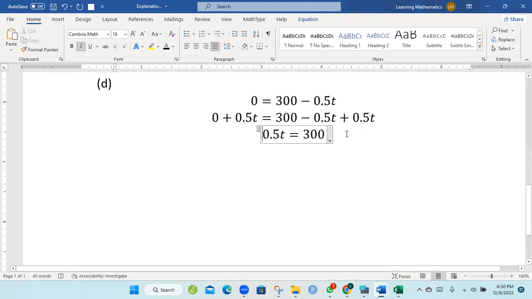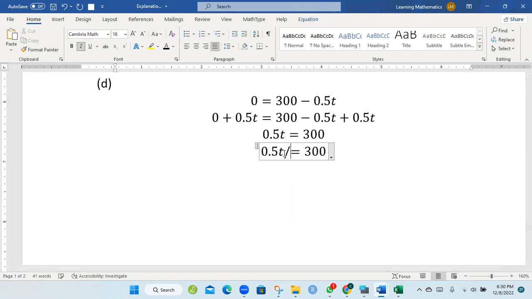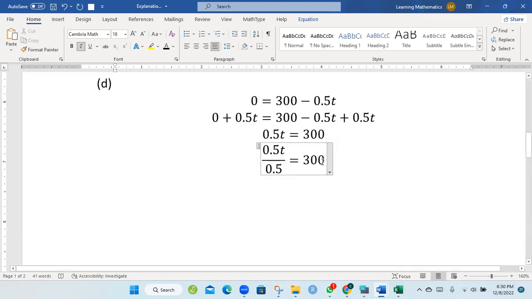And now we have to divide by 0.5 to cancel out 0.5 because we are solving for t. And what we do on the left, we must repeat on the right.